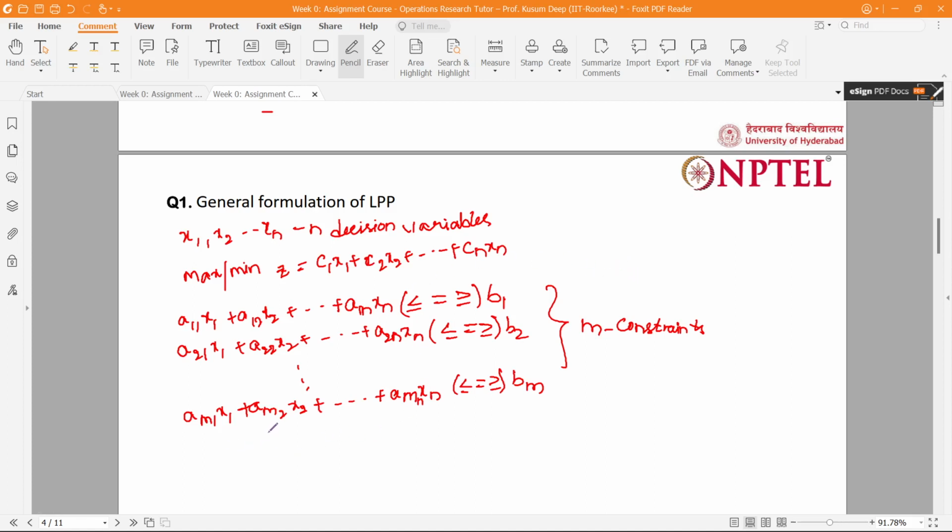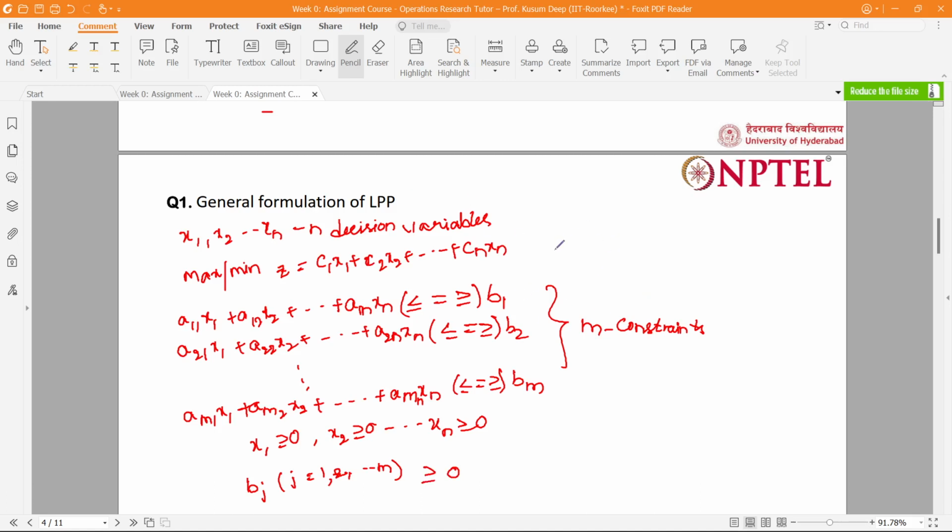And finally, there is a non-negative restriction, that is, the decision variables must be non-negative. There are n decision variables, so there are n non-negative restrictions. And the right-hand side values bj, for j equal to 1, 2 and so on up to m, should also be restricted to non-negative values.